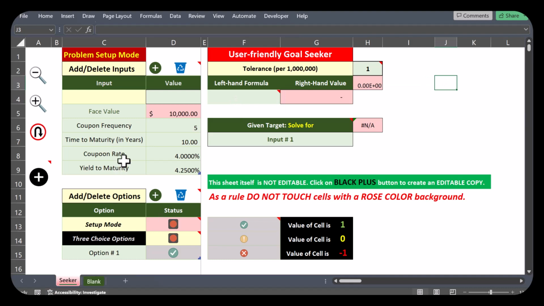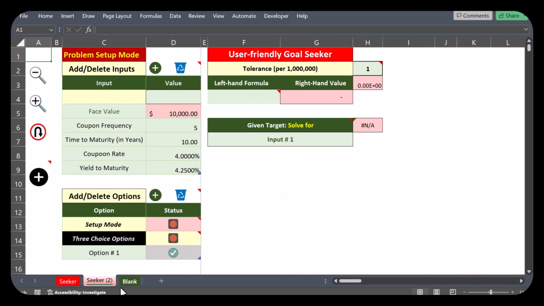I'm sorry. I'm going to use the PV function.